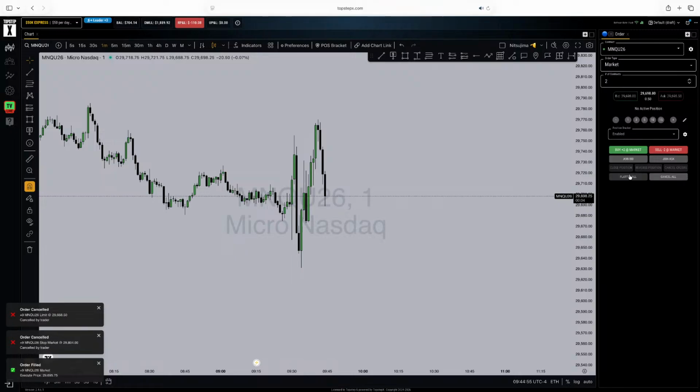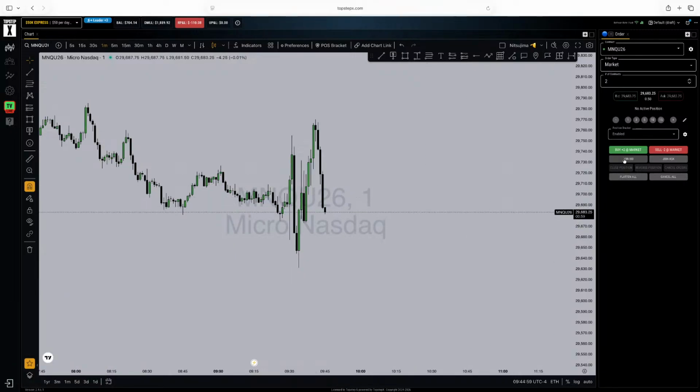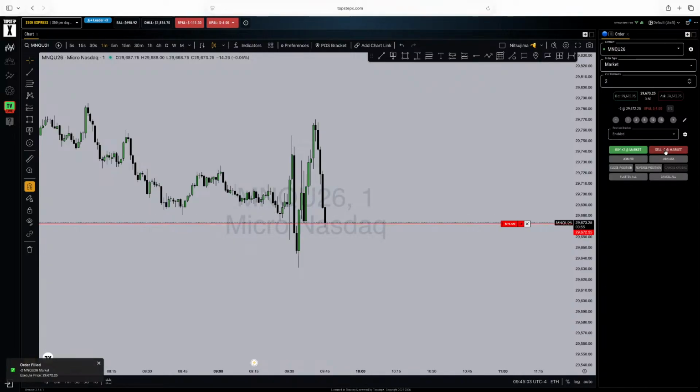Order filled. Let's just get 400 of that back and we'll wait for the entry of that inversion gap there. Order filled. There we go. There's the inversion gap entry. Order filled.